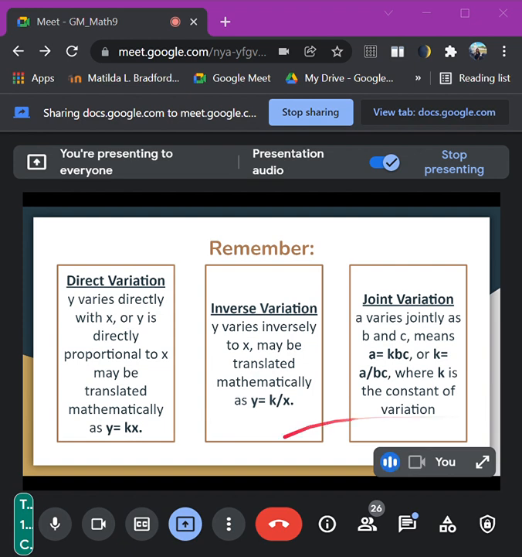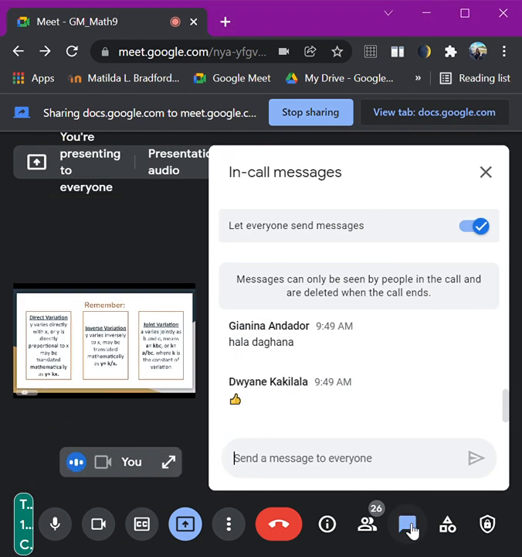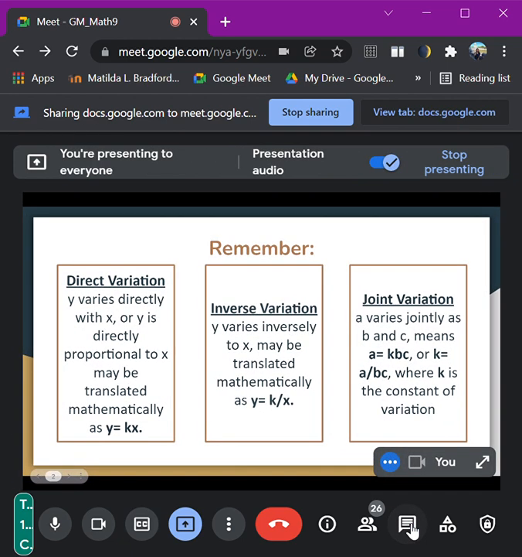Okay. There is a lot more. Actually, there is another class on this, which is combined. But I think we can't do it today. So, that is our joint variation class.